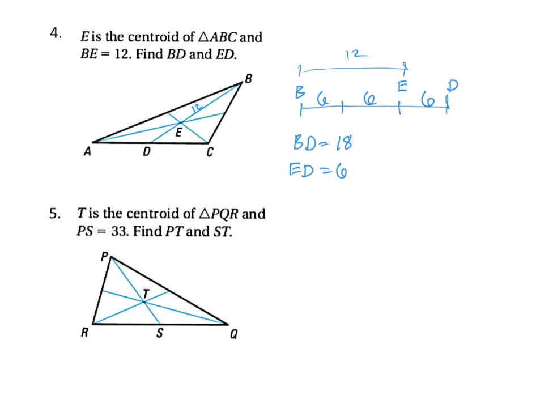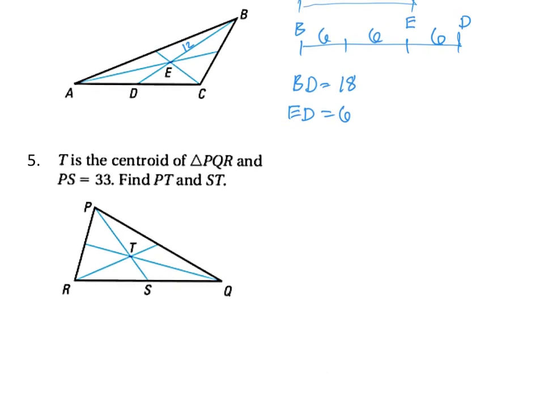Lastly, number 5: T is the centroid of triangle PQR. PS, the entire thing, is 33. If I break this down, I know T is my centroid, and S is on the median, so my T is here.